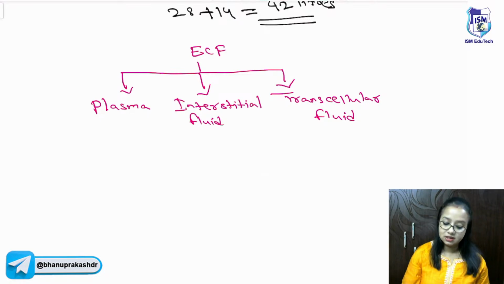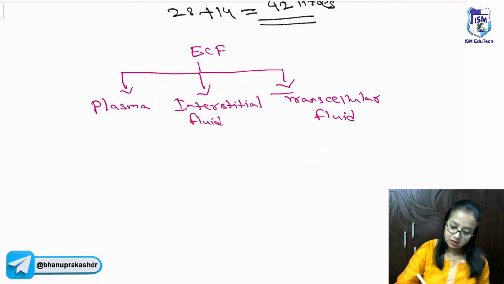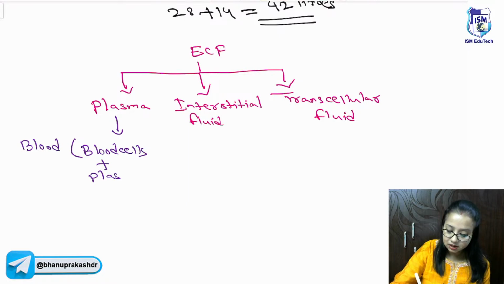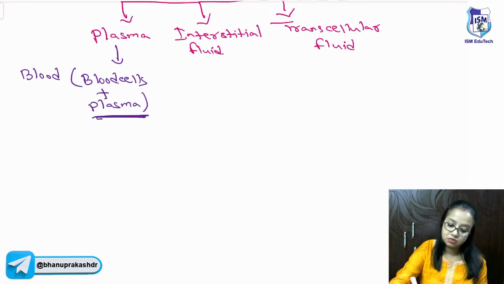Now, plasma. What is plasma? Plasma lies in the blood. Our blood comprises blood cells plus plasma. And interstitial fluid. What is interstitial fluid?